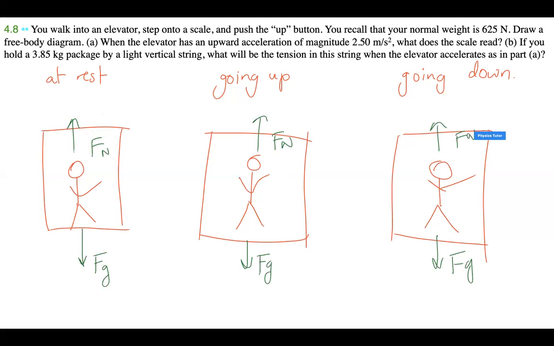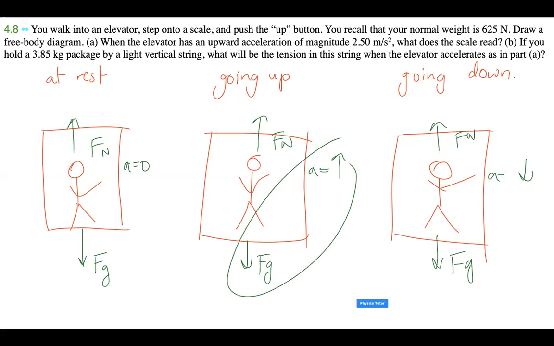The acceleration is the difference. When we are at rest, the acceleration is 0. When we're going up, the acceleration is upwards, and when we're going down, the acceleration is downwards. It's going to be negative, meaning it's in the same direction as gravity, and the upward one is the opposite direction to gravity.